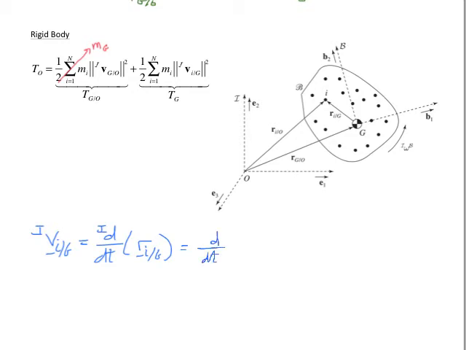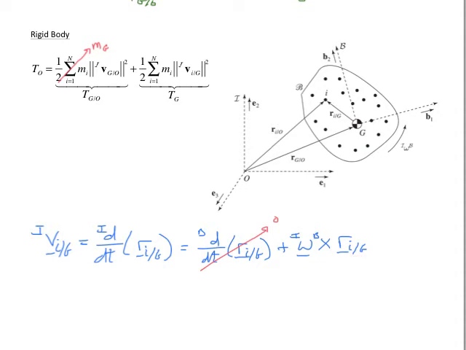So we'll take the time derivative within the body frame of the position vector I with respect to g and add to it omega b as observed in the inertial reference frame crossed with the position vector I with respect to g. And the position of I with respect to g as observed in the b frame will be equal to 0, so that leaves that our velocity of I with respect to g is only equal to omega cross r.